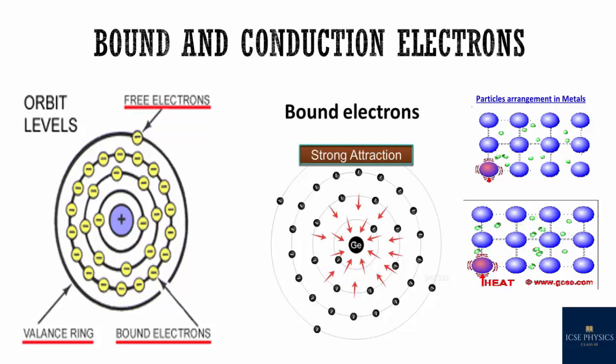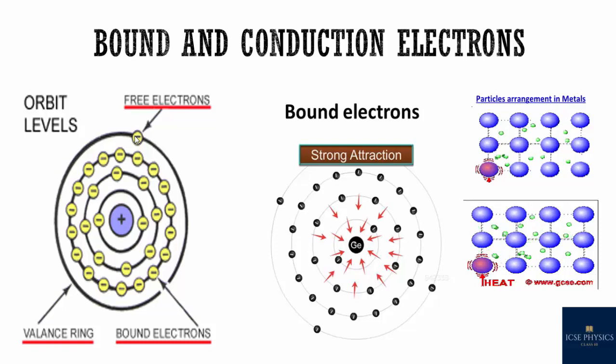Whereas the electrons in the outermost orbit, this orbit, are very weakly attracted to the nucleus, and so they are loosely bound. These loosely bound electrons are called free electrons or conduction electrons.